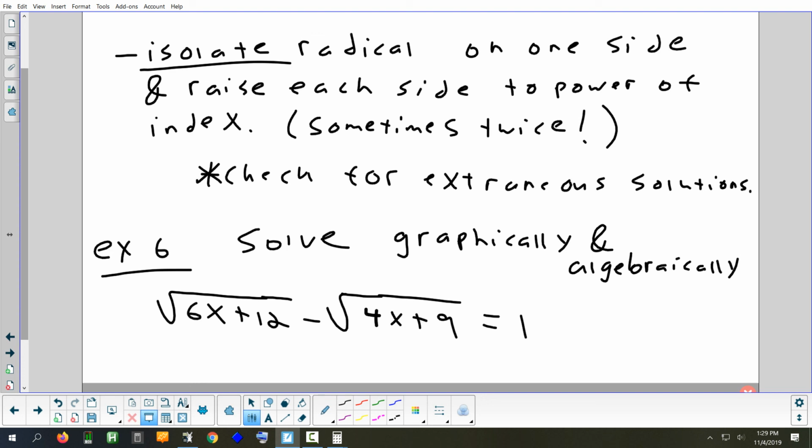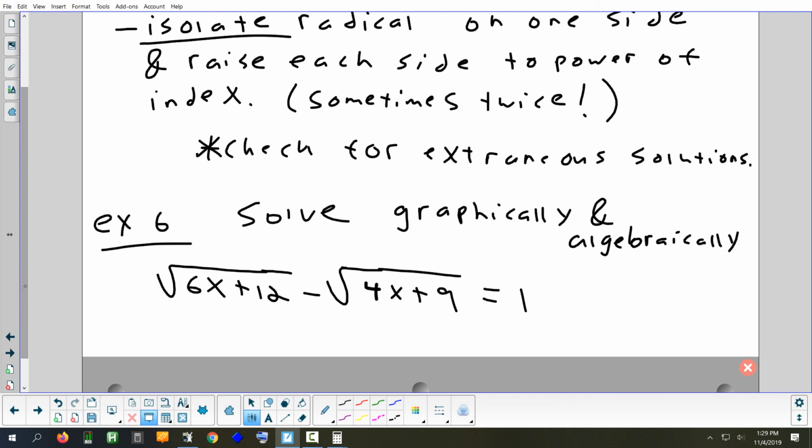Okay. So what's the first thing I would have to do in example 6? No. What are the directions?